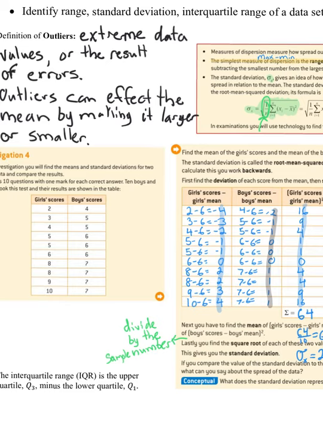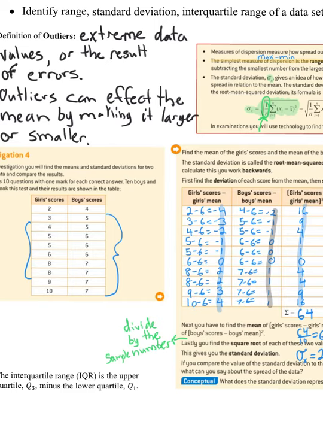And the girls, we got the standard deviation of 2.5 from 6. So 2.5 is going to capture everything down to 3.5 up to 8.5. And the boys is going to capture everything from 5 to 7, or the distance of 1.